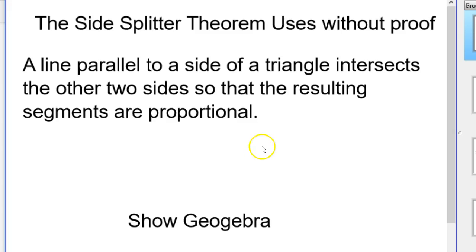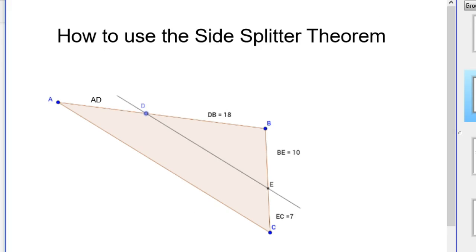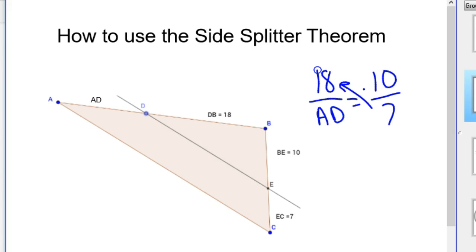What we can do with it then is solve some triangles. So this first one, I'm going to make this go kind of fast, so bear with me. We can set this up as 18 over AD equals 10 over 7. Then if you cross multiply, and I hate to use cross multiplication, but it works for us, just don't use it all the time.